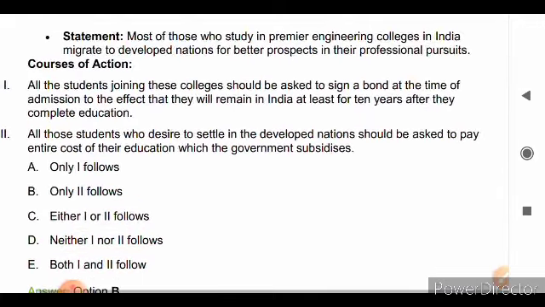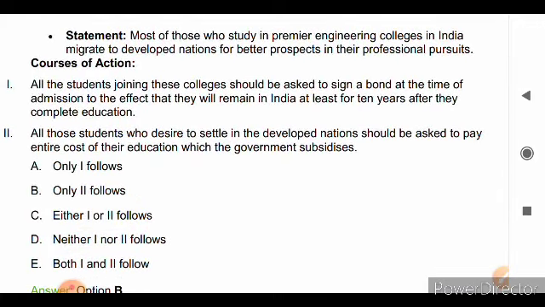Next question. Statement: Most of those who study in premier engineering colleges in India migrate to developed nations for better prospects in their professional pursuits. Courses of action. Action 1: All the students joining these colleges should be asked to sign a bond at the time of admission to the effect that they will remain in India at least for 10 years after they complete education.